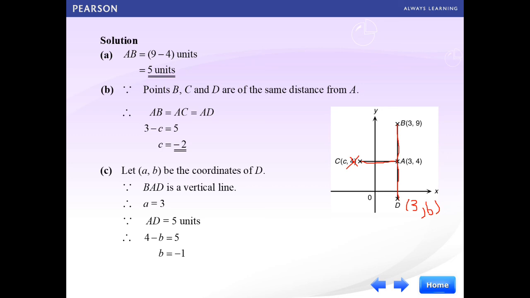And it is not the end, because you just finished finding the value of b. You need to write down one more sentence to state the coordinates of D. Therefore, coordinates of D equals 3, -1, like this.